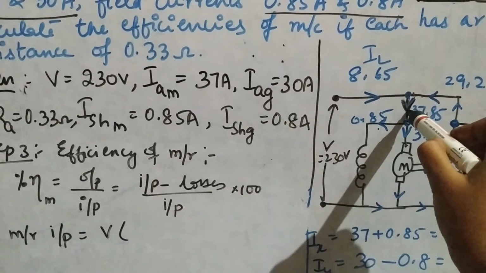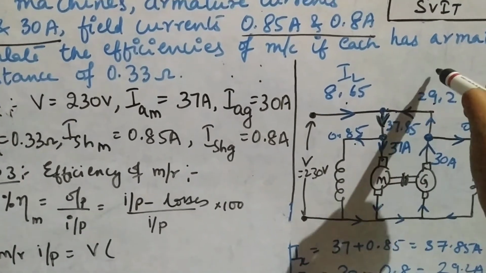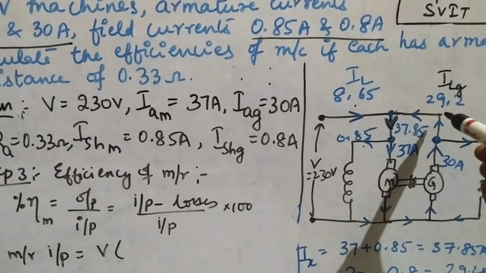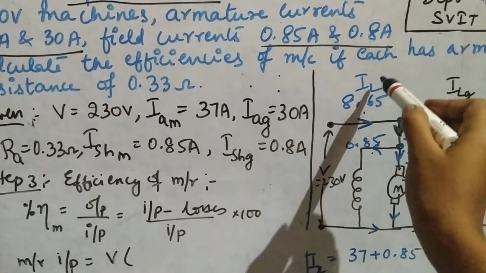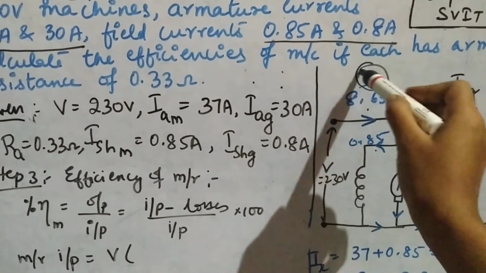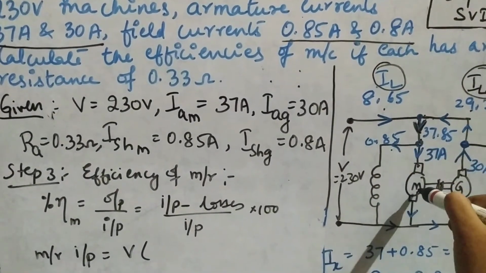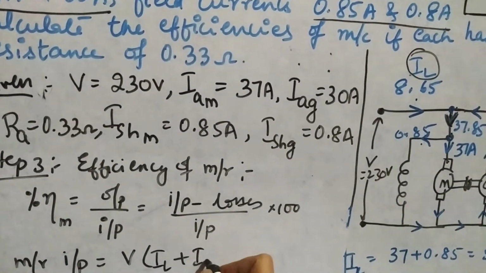See, this is actually the input value which is entering into this motor. So therefore this current is nothing but the sum of the IL and the current which is coming out from the generator. So I can call that also a line current which is taken from the generator side. So we have to sum these two, IL plus ILG.